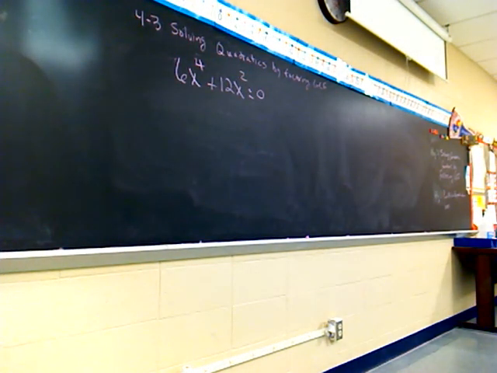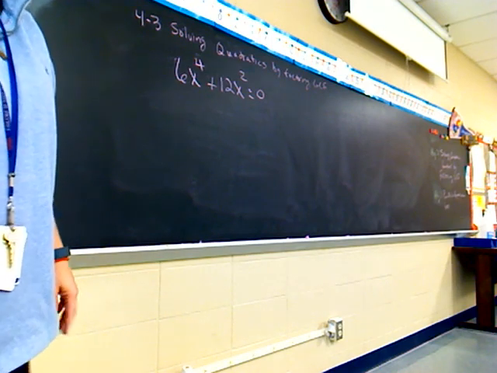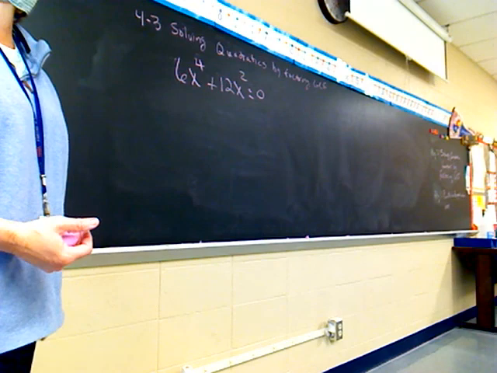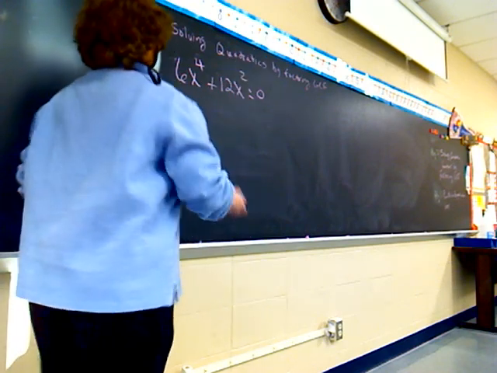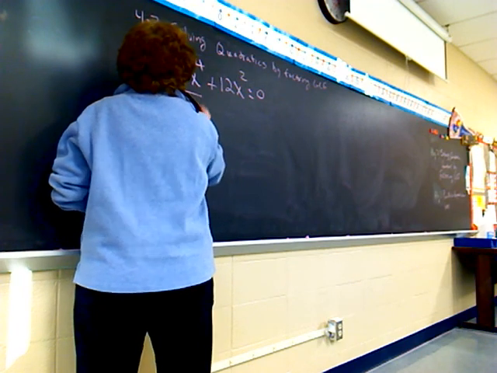Anybody, even the people online, what is the greatest common factor? Anybody? 6x squared. So divide everything by 6x squared.